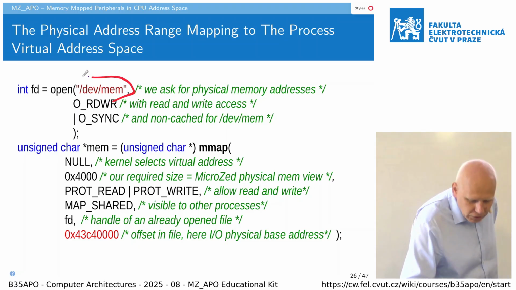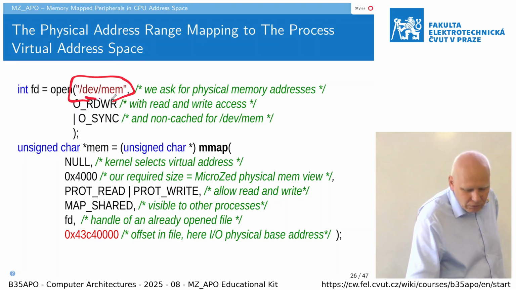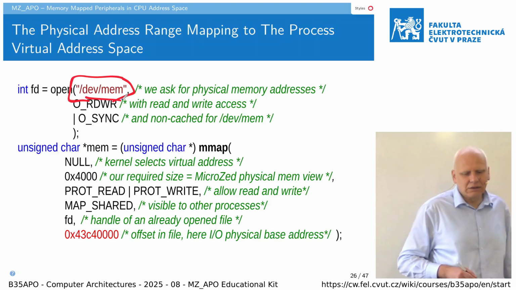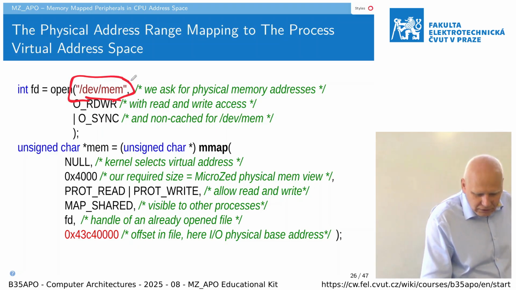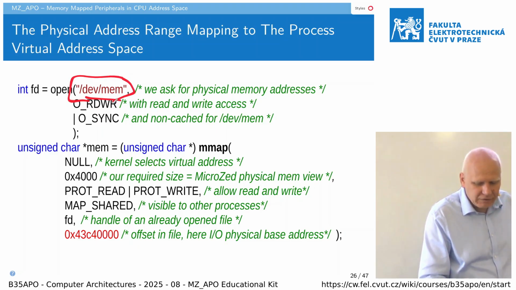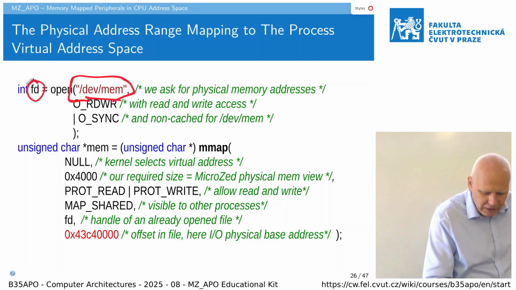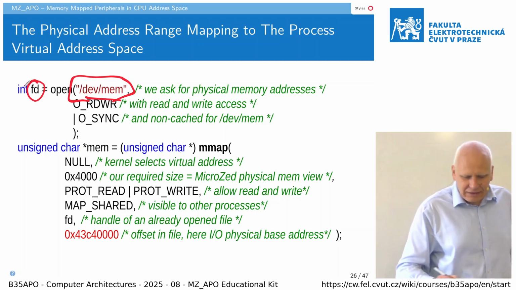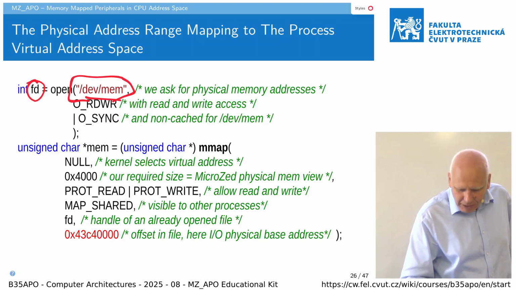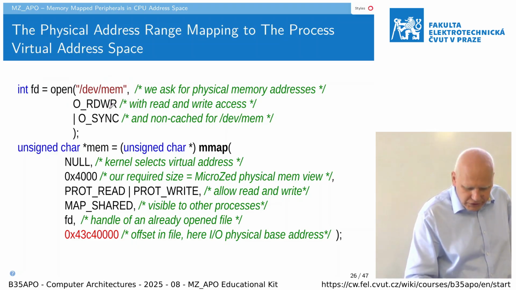But on a Unix system, where we try to keep everything as a device, we can open a virtual file which represents the physical memory. This way we get a file descriptor, and we probably do not want to use a cache.